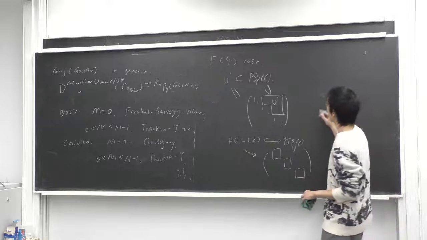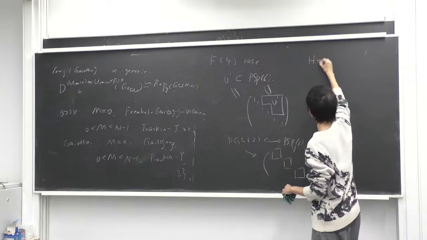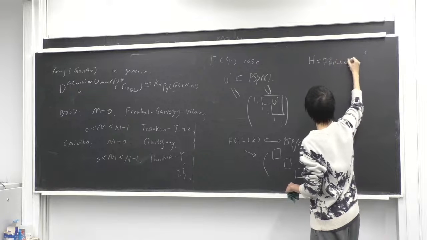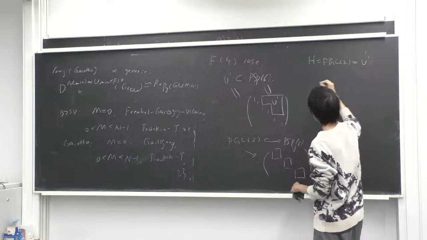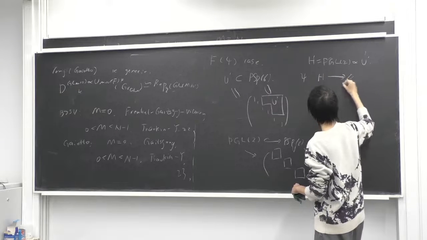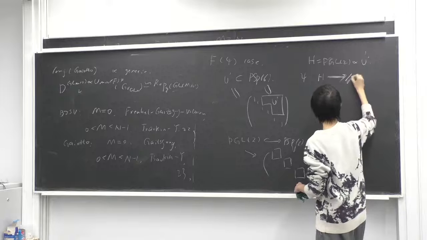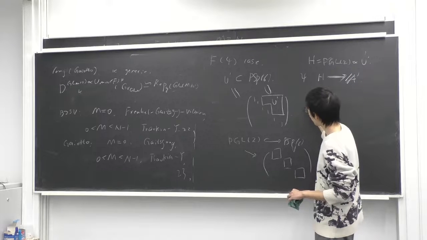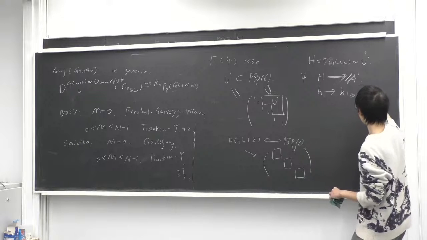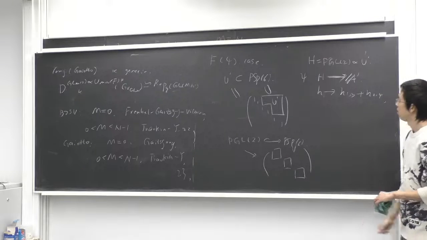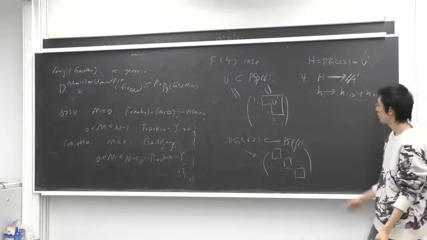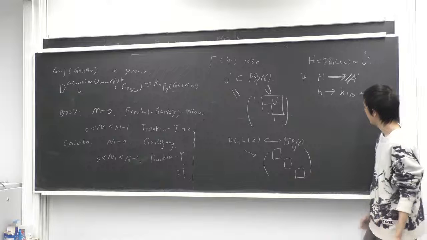So you can form a subgroup H, which is defined as PGL2 semi-direct with U prime, and you have an additive character from H to A1, which sends h to h13 plus h24.